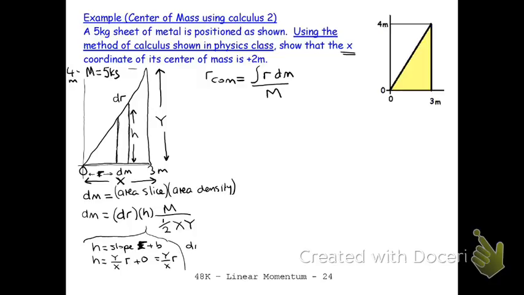So dm is equal to dr times y over x r times M over 1/2 x y.